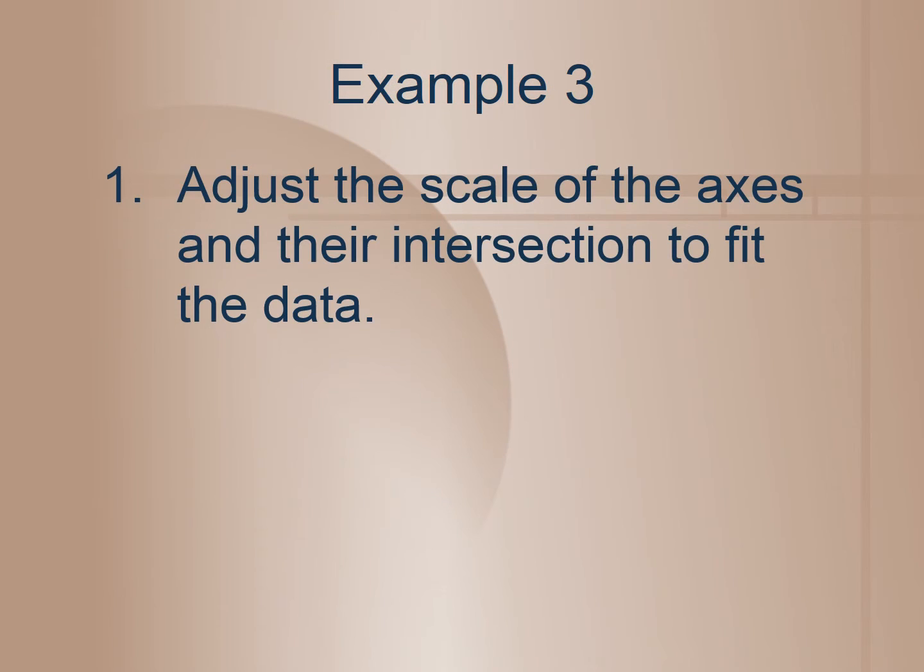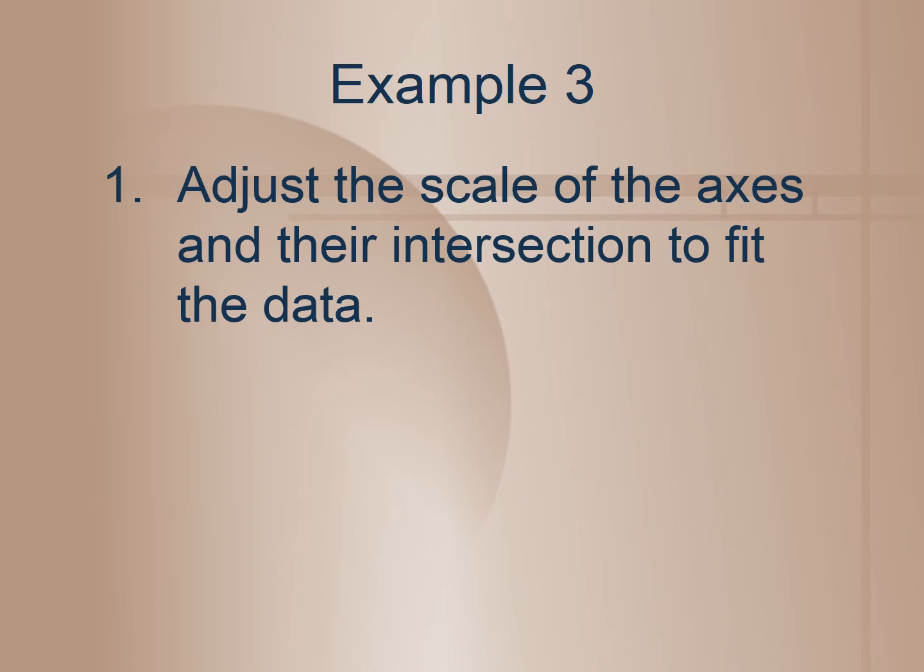So if you look at example 3 in your BJU textbook, something you need to be able to do on your scatter plots is adjust the scale of the axes and their intersection to fit the data. For example, if you know that the first number is going to be 200, you don't want to start your scale at 0, because then you're not going to have a point for 200 units.